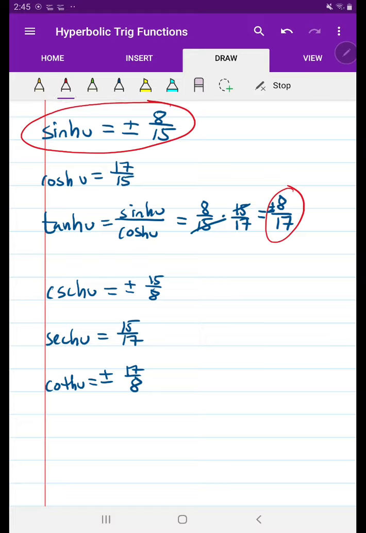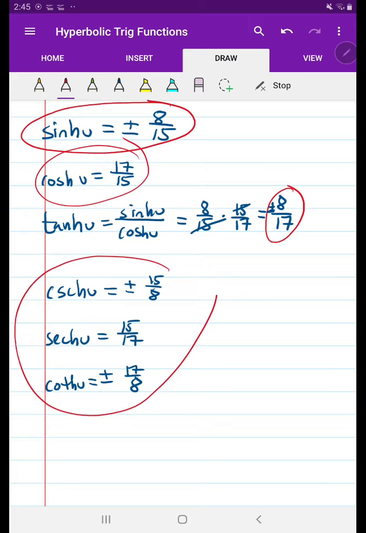Okay. So these are our 5 other hyperbolic trig functions, right? And so you'll have to do problems like that for the first few problems in the assignment here.